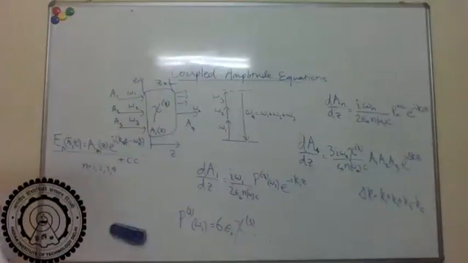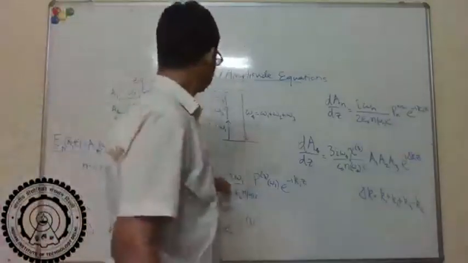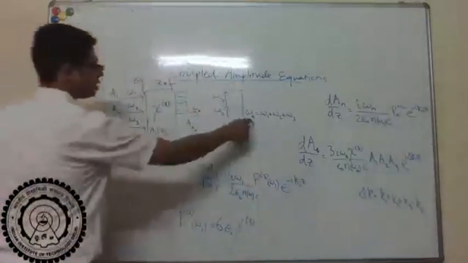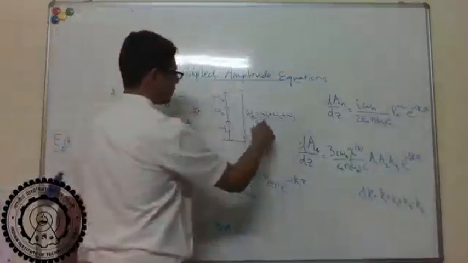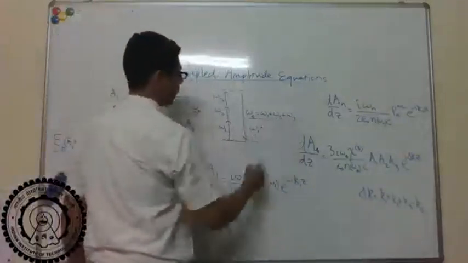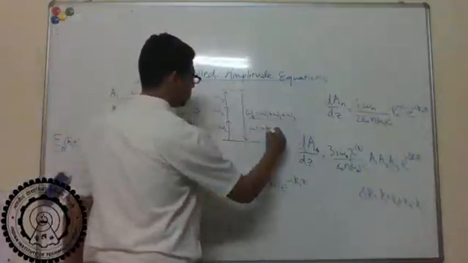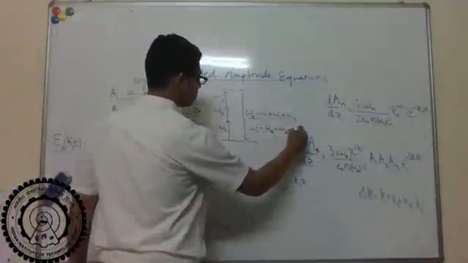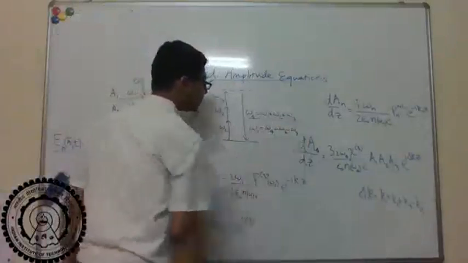E3, E4 star. Yeah, so I need three terms, right? So we can see from here, omega 4 is of course omega 1 plus omega 2 plus omega 3. So omega 1 I can write as omega 4 minus omega 2 minus omega 3, right?